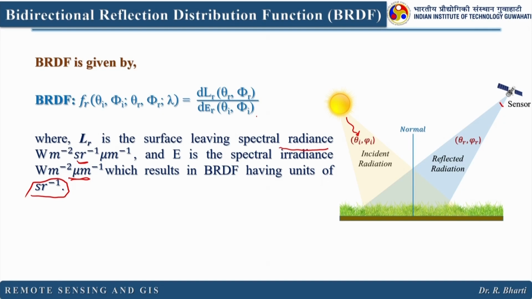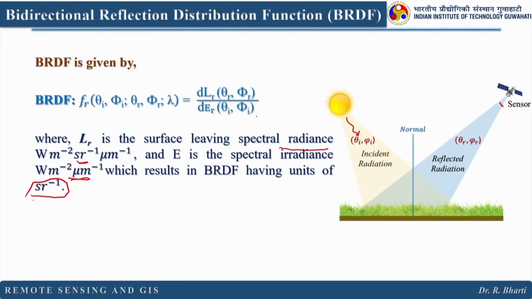So, till now I was using the terms like reflectance, radiance, irradiance, emittance, and reflectance has no unit, but reflectance has no unit only if you have taken care of the source sensor geometry. If you have not, then you will have this unit left with your output data. So, that is why it is very important to understand this BRDF and BRF.